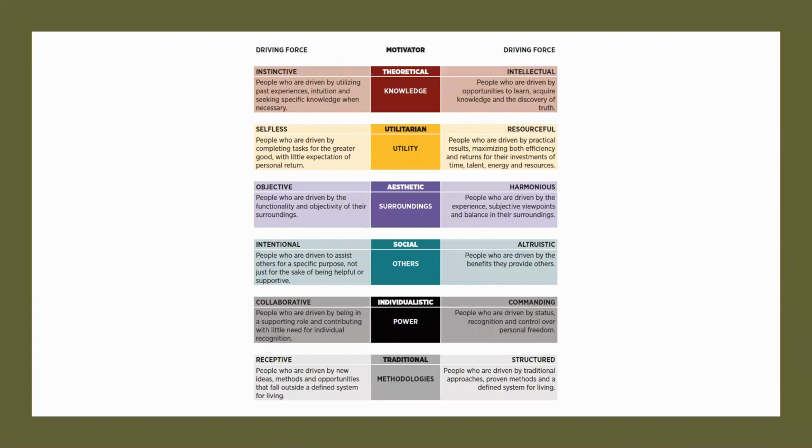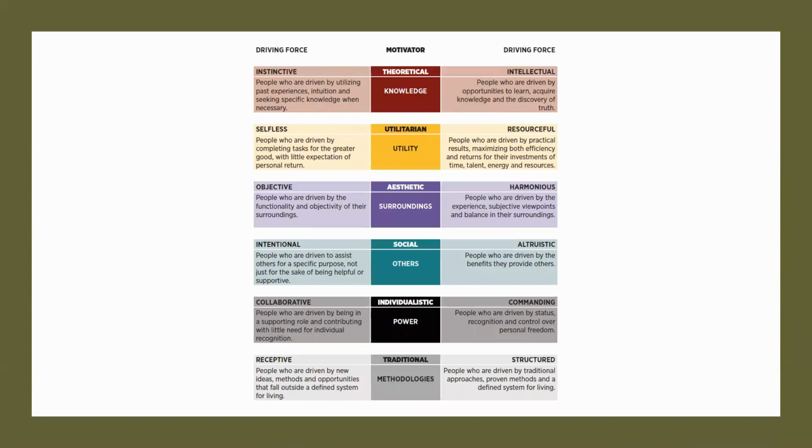The intellectual person over on the right side, the driving force for the intellectual person, they want all available knowledge on the subject at hand, regardless of its direct application, right? So these are the folks that'll be Googling something and 10 minutes later they're on some webpage about nuclear fission or something, right? It's just that thirst for knowledge keeps them going.